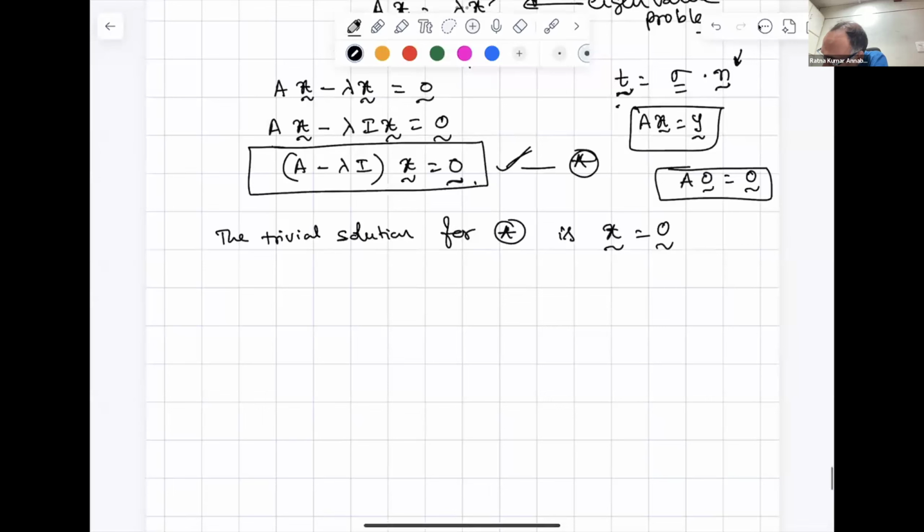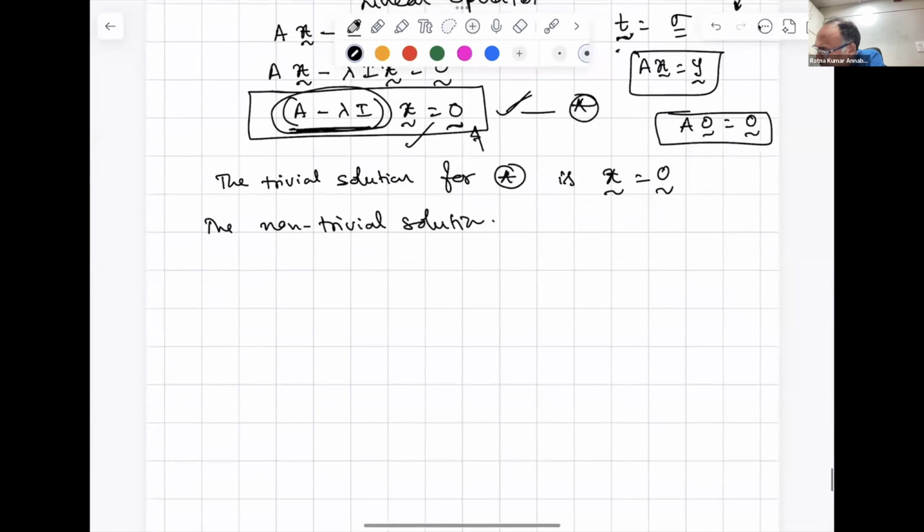But this equation will also be true for a non-trivial solution. What is the non-trivial solution? That means this equation will be true only when this matrix is singular, because the right hand side has to be 0 when this matrix is singular. When will that be singular? What is the meaning of A minus lambda I being singular?